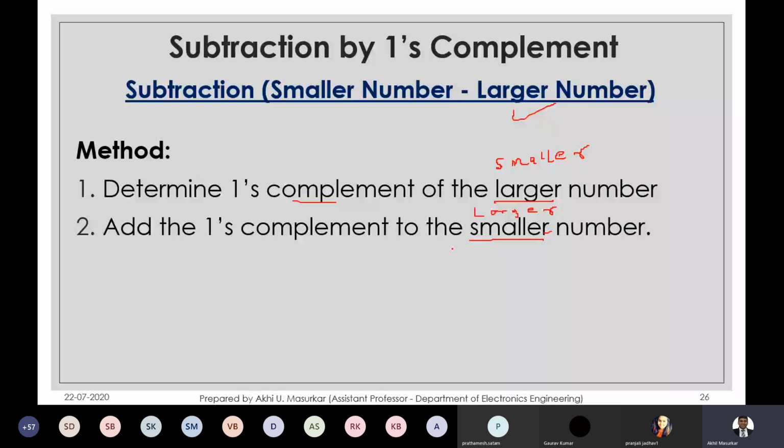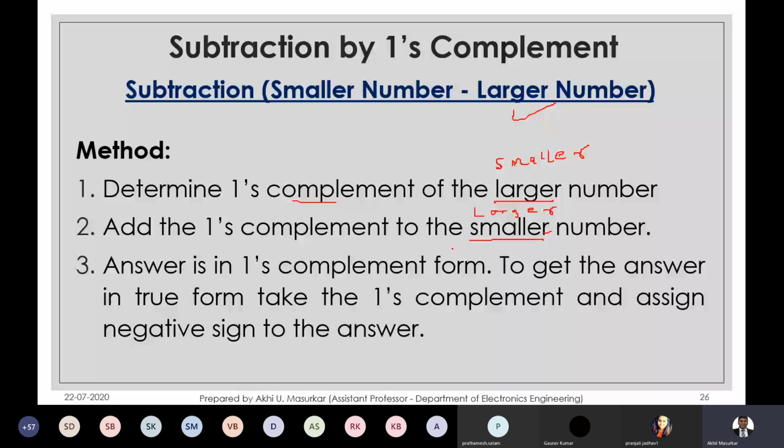The answer is in one's complement form. To get the answer in true form, take the one's complement and assign a negative sign to the answer. Vishwas had asked a question last time, what about negative and positive numbers? Either you can directly write a negative sign, or you can write a 1 in place of minus, or a 0 in case of plus.